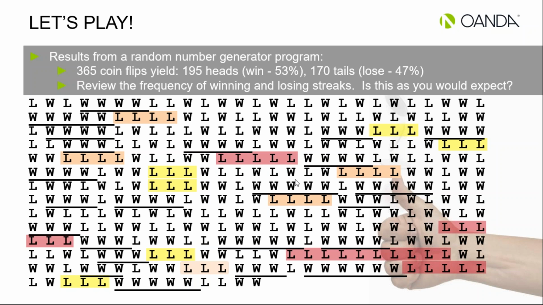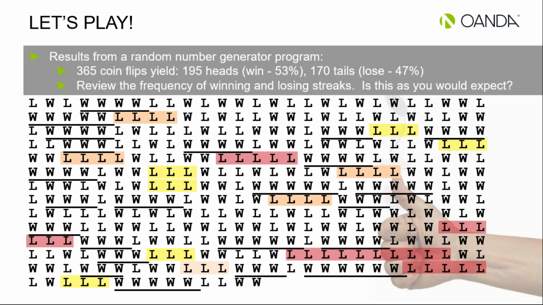This is what we got by putting that through a random number generator. Okay, so we randomly generated a series of wins and losses based on those probabilities. So over 365 flips, what the program came up with was 195 heads and 170 tails. Okay, so that's roughly 50-50.